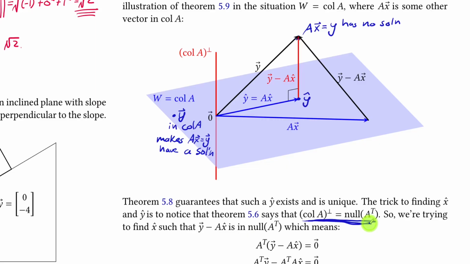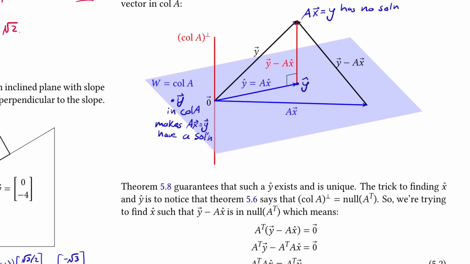the four related subspaces theorem from the last section, which says that the orthogonal complement of the column space, the set of vectors orthogonal to the column space of A, is the null space of A transpose.